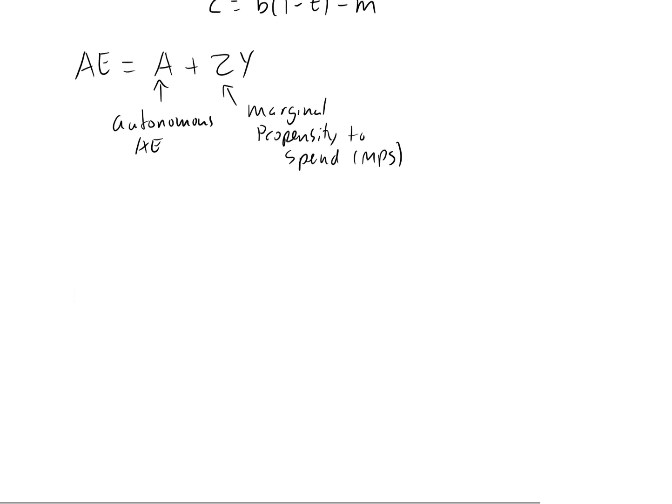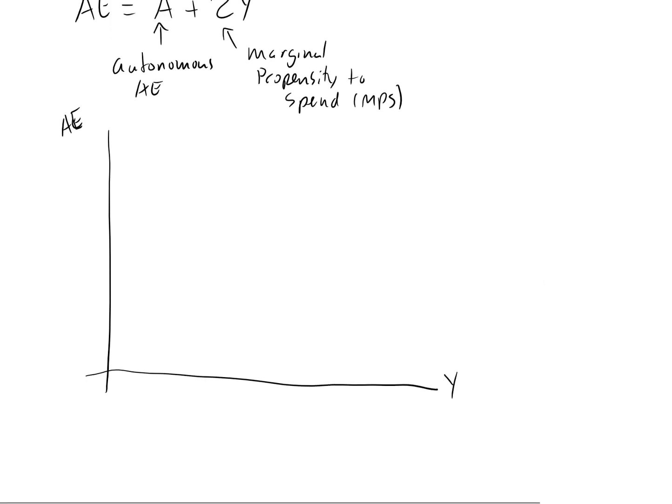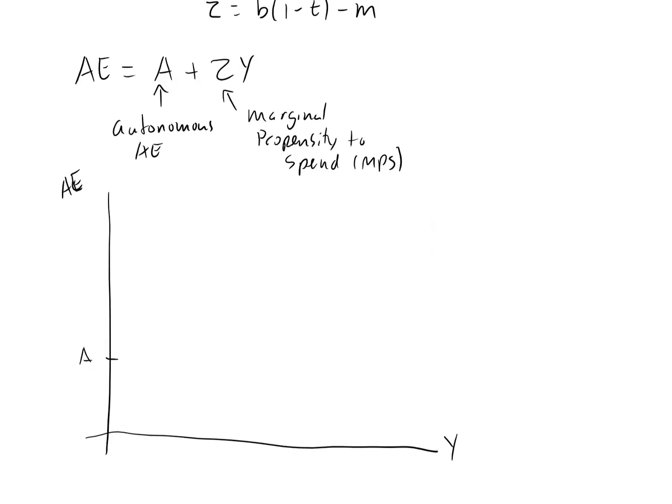If we want to graph it like we did in class before, it's going to look really simple, just like it did before. We have AE on the y-axis and y on the x-axis. We have this intercept of capital A, and we have this slope of z. This is our AE function.